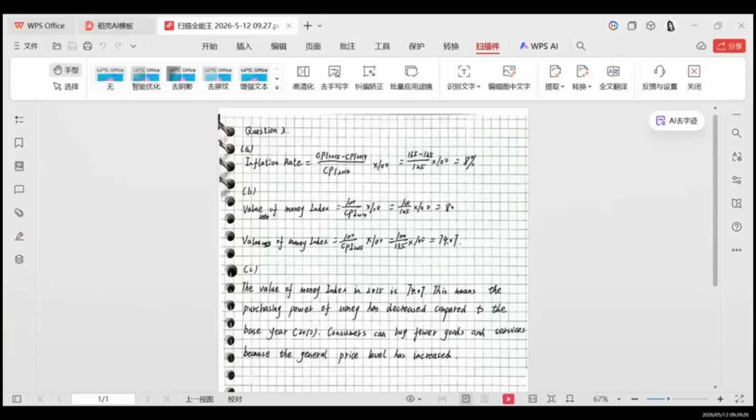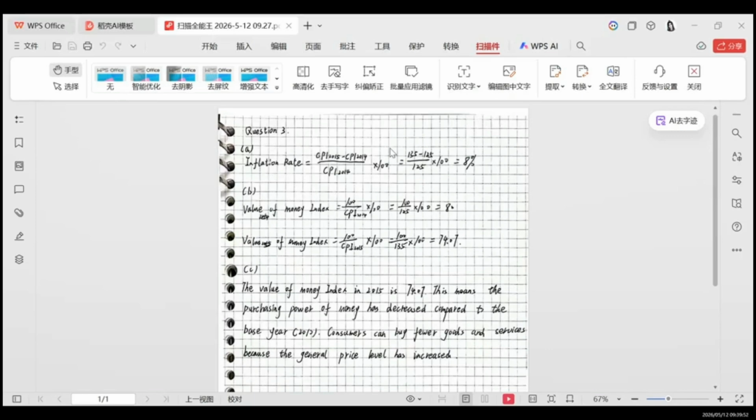For question 3, first, the CPI for 2014 is 125, and for 2015 is 135, with 2010 as the base year. For part A, we need to calculate the inflation rate for 2015.